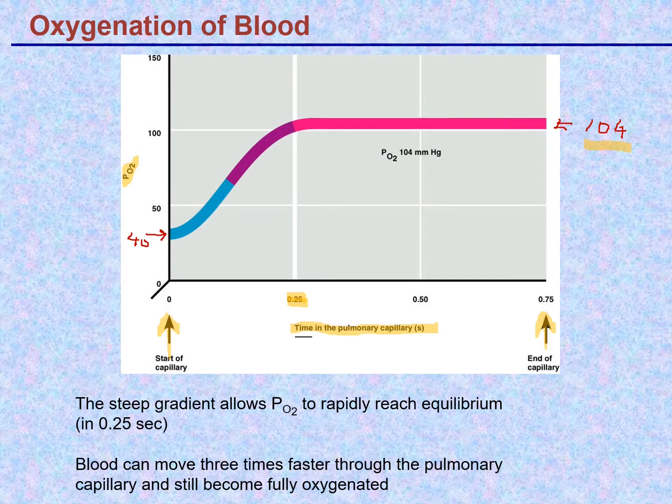That means if for whatever reason there's some problem and the transfer of oxygen is inhibited, maybe the respiratory membrane got thicker or there's less oxygen in the air or whatever, so it takes longer for it to diffuse across, even if it doubles or triples, it will still reach full saturation.